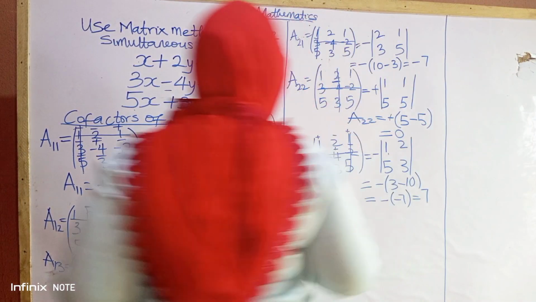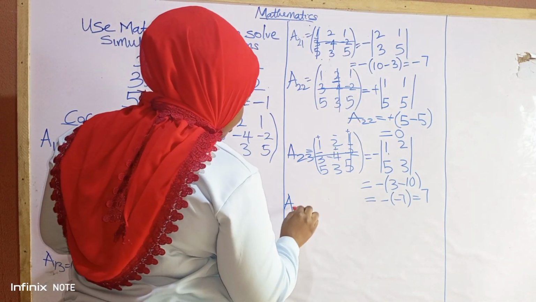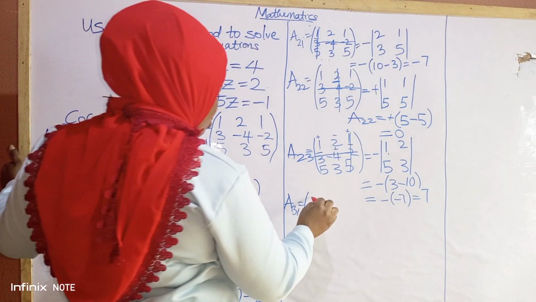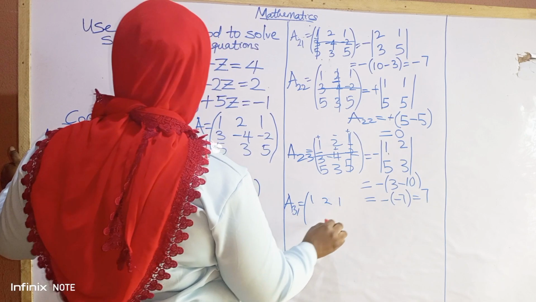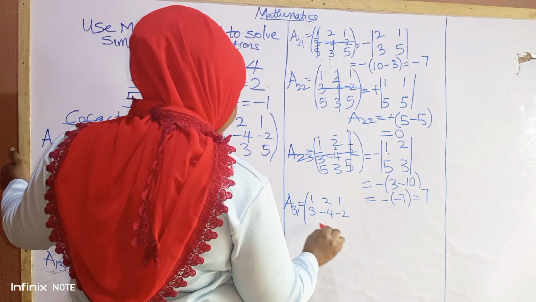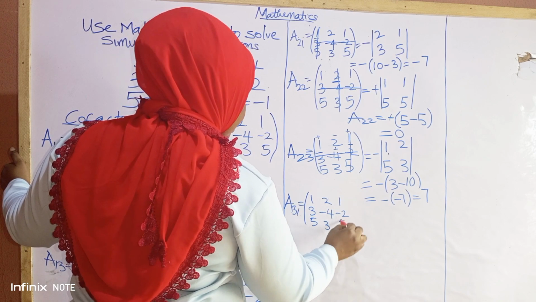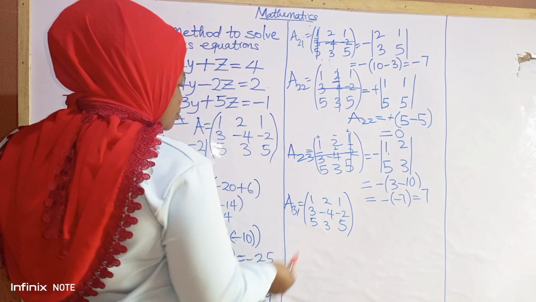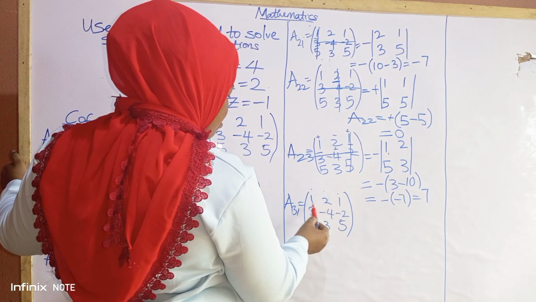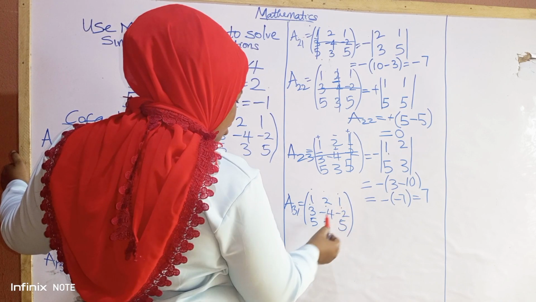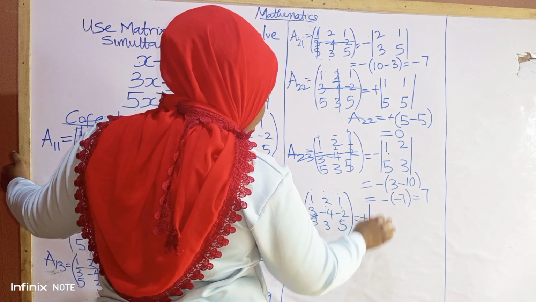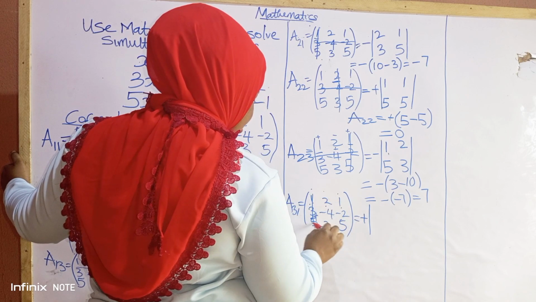So here A31. So let's write 1, 2, 1, 3, minus 4, minus 2, 5, 3, 5. You have to be careful, please. So here we have plus, minus, plus, minus, plus, minus, plus. So here has plus. So cover it like this, cover it like this.